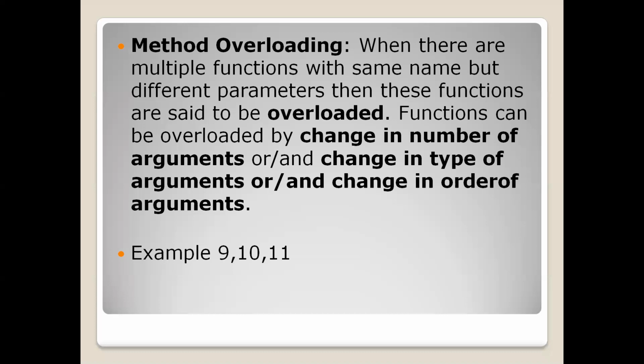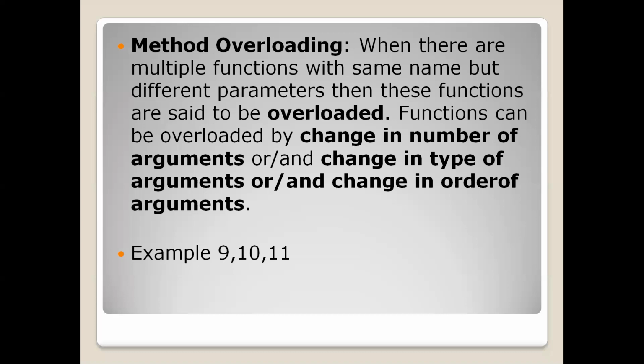So the function name is the same, but the difference is shown in terms of the number of parameters, or order of parameters, or type of parameters. I will show an example for these three things. Okay, so keep in mind what we have seen so far. Polymorphism means many forms.